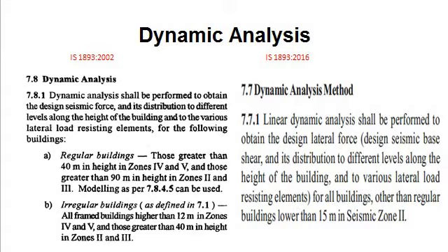In regular buildings, those greater than 40 meter in height in zones 4 and 5, and those greater than 90 meter in height in zones 2 and 3 can be modeled with the dynamic analysis.